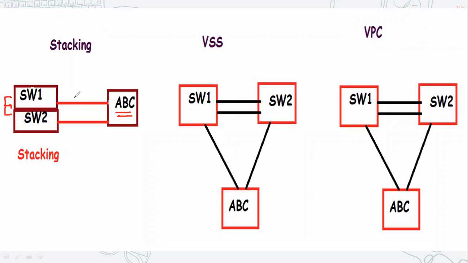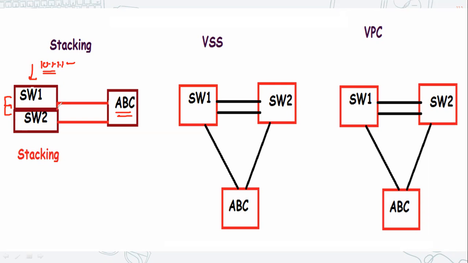In stacking, we have a single control plane. When you log into the stack, you only have one management IP, let's say 10.1.1. You log into the master switch, irrespective of the number of devices in the stack.